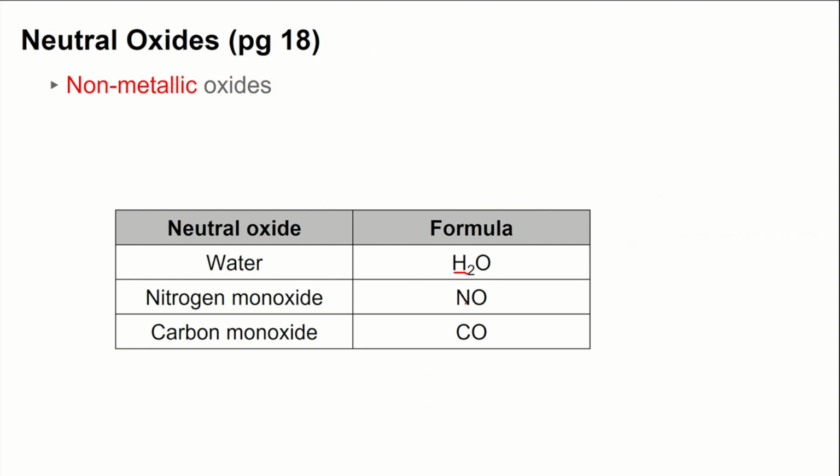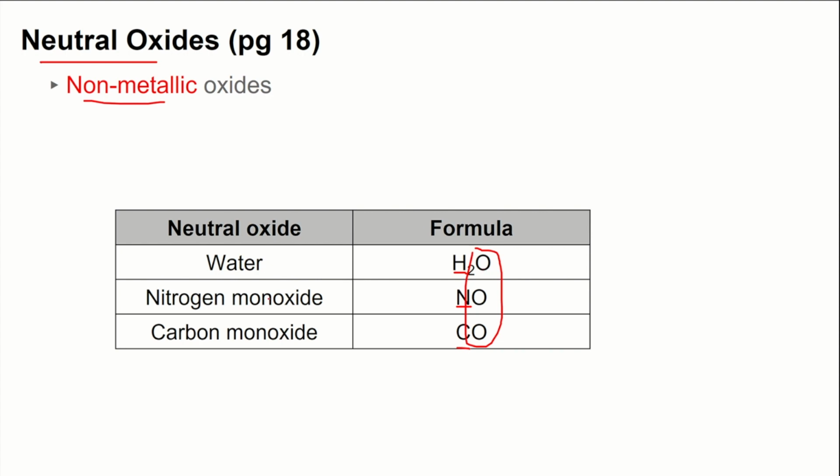So if you see hydrogen, nitrogen, carbon oxides, they are non-metallic oxides. I want you to take note: how many oxygen atoms are there? Do you notice that neutral oxides are non-metallic and only have one oxygen?